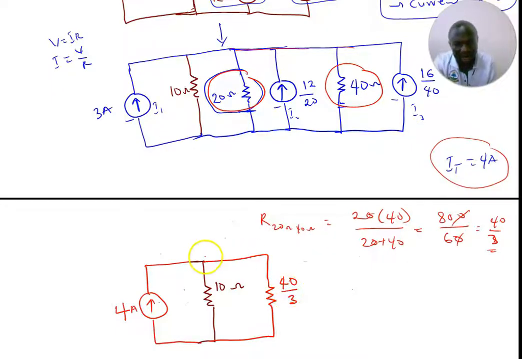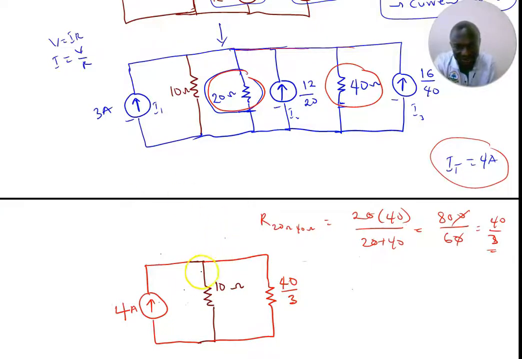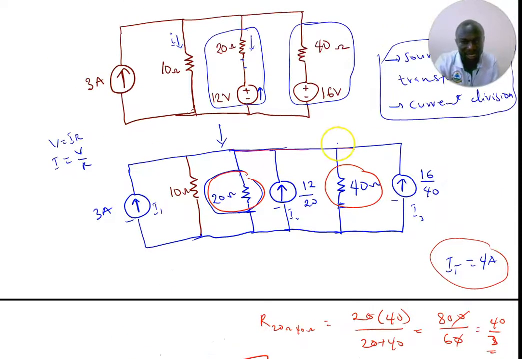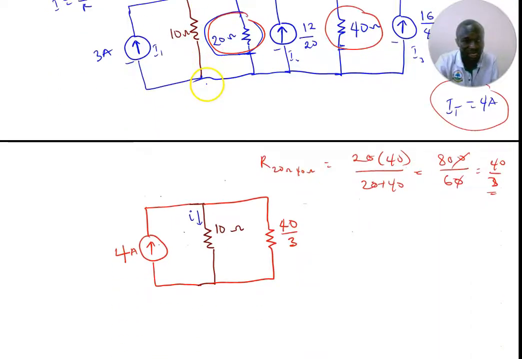But our target is to find the current flowing through the 10 ohm resistor. So I. That was our target. We said we want to find I here. And after finding I, you just multiply the current by the resistance to get the voltage over there.